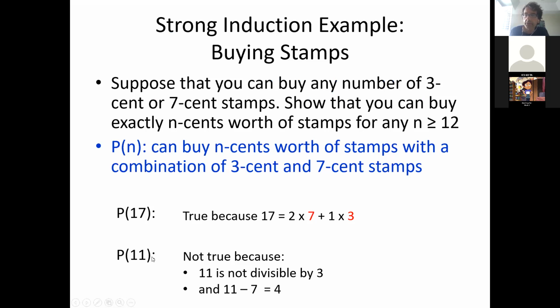And 11 cannot be expressed this way, because 11 cannot be expressed as a bunch of 3s summed up. And if I add a 7, it also doesn't help me, because 11 minus 7 is 4, and I cannot express 4. So end of the proof: you cannot make 11 out of these stamps. But 12 you can, because it's four 3-cent stamps.